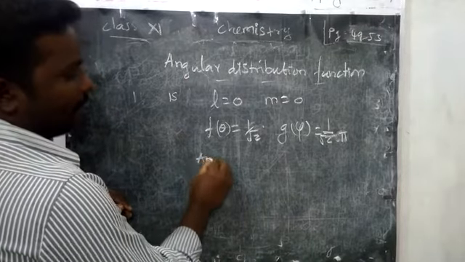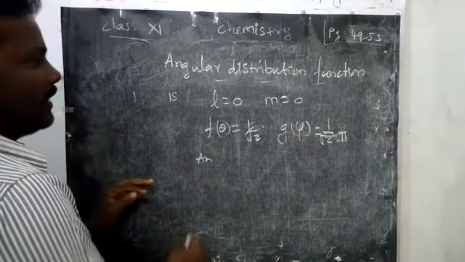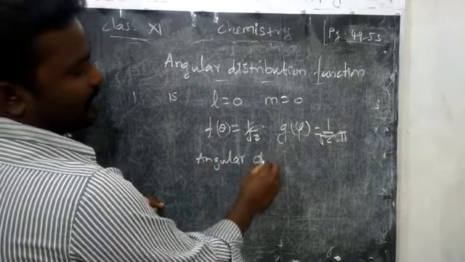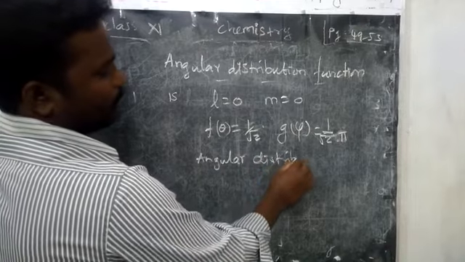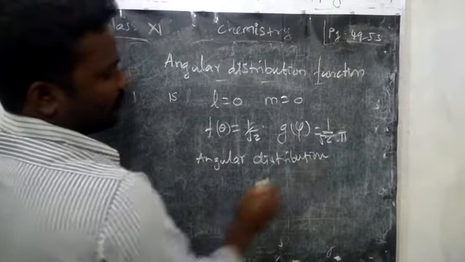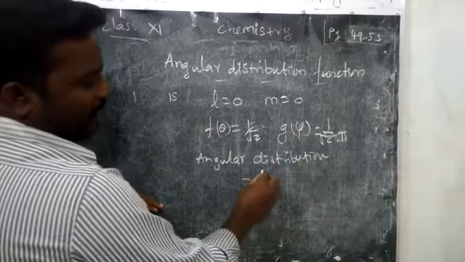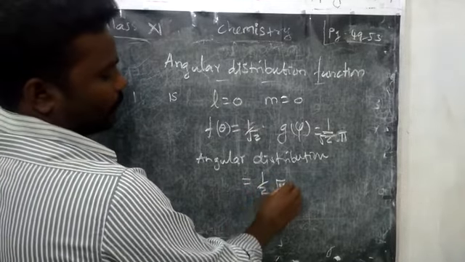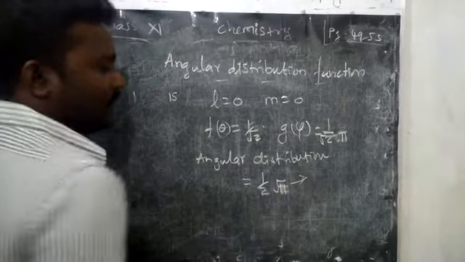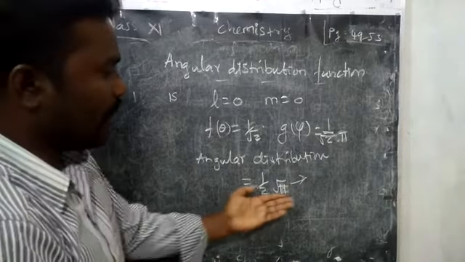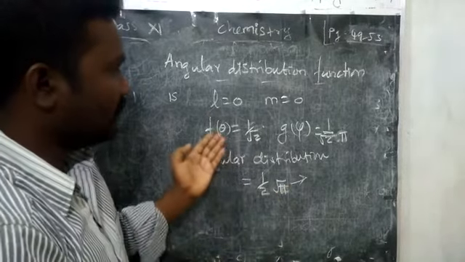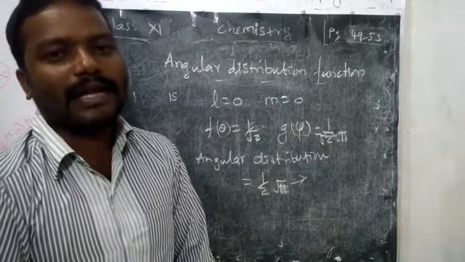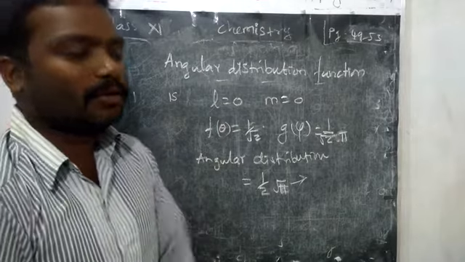From this data, what is the angular distribution function? The angular distribution function value is nothing but 1 by 2 root pi. So from that we could understand we don't have any terms for theta or phi value, which means it is independent of the direction.